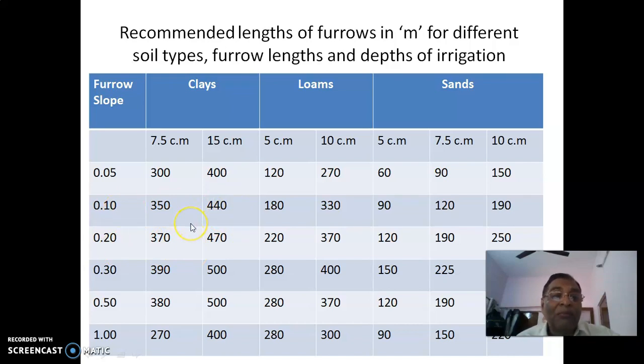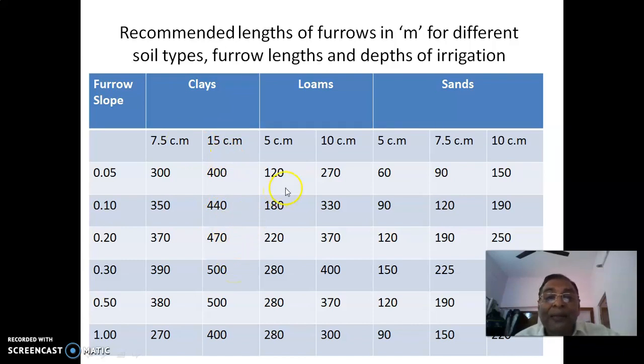As far as the irrigation is concerned, suppose the irrigation depth is, for example, 15 centimeters compared to 7.5 centimeters in the same soil, across the slope it does not vary much.